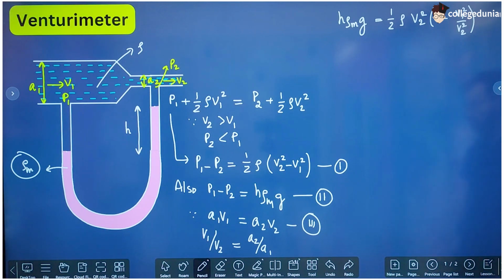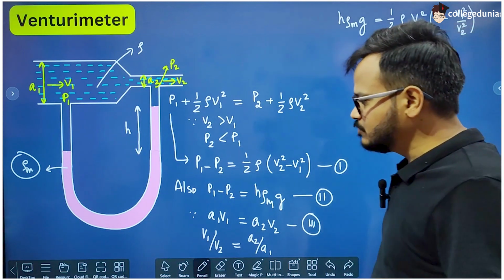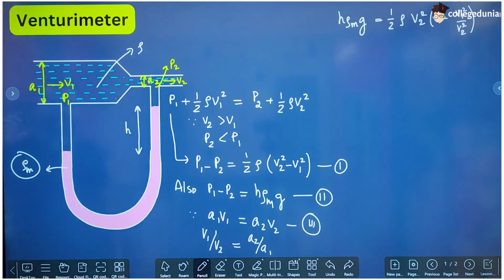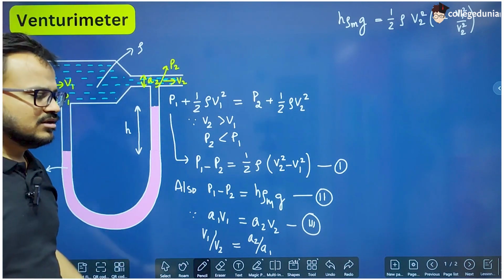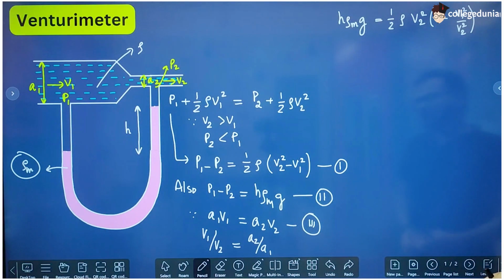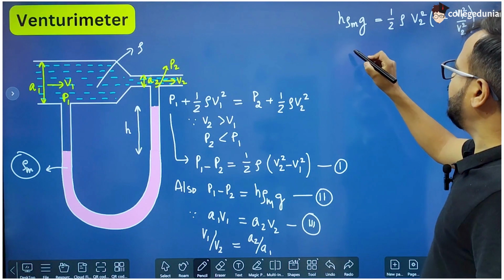But we do not know the velocity, so it is needed to substitute V1 and V2 in terms of some known variables, and obviously the area of cross section of this broader part and this narrower part is known, right? So we can substitute V1 by V2 as A2 by A1.